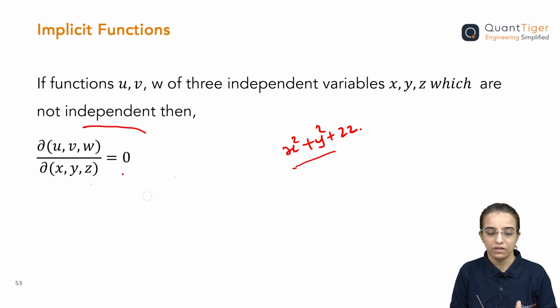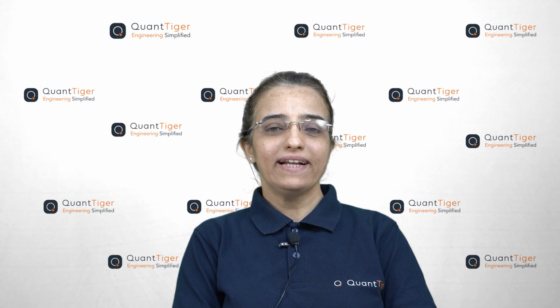So in short, the Jacobian of an implicit function is always equal to 0. These are the important properties of the Jacobian. Let us discuss them in more detail in the next video.